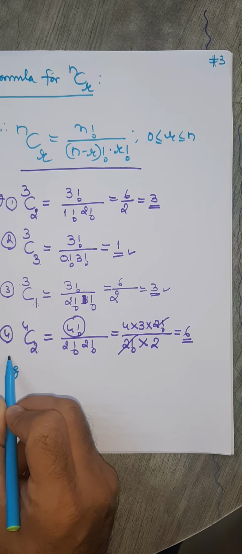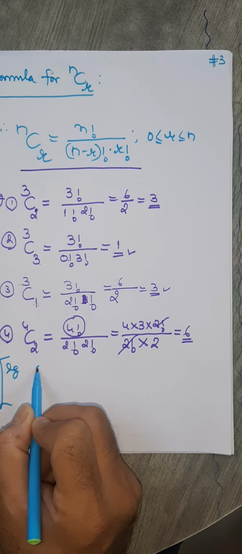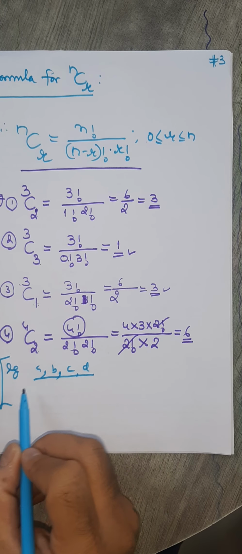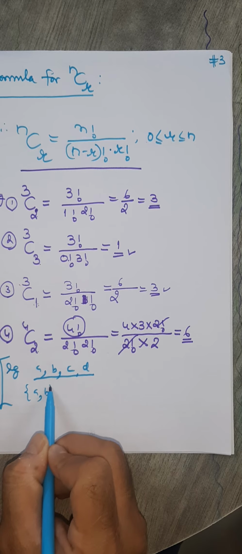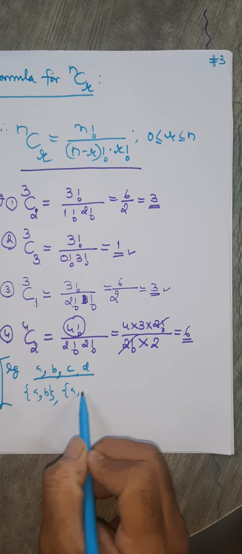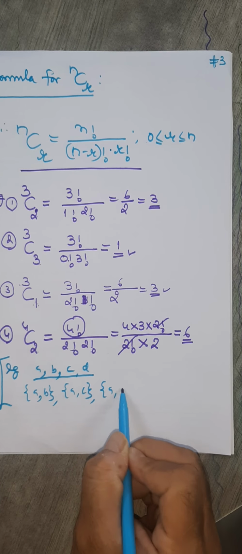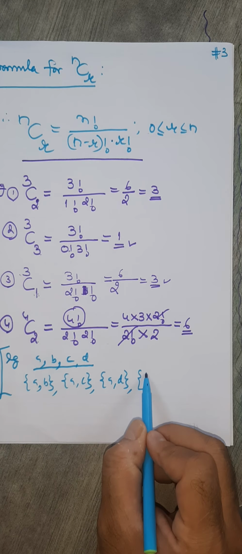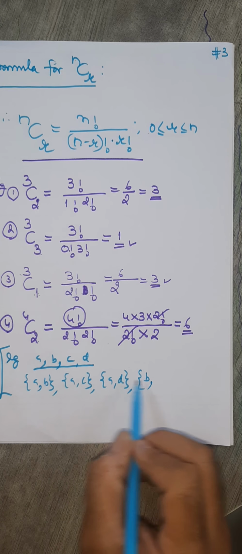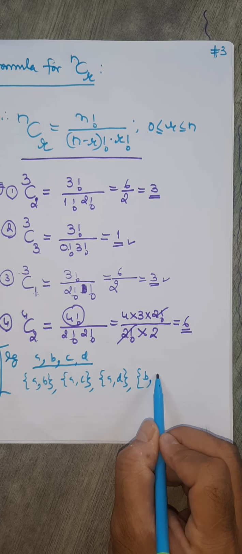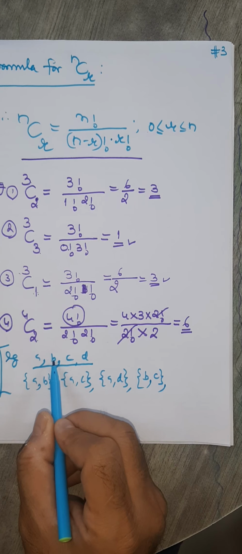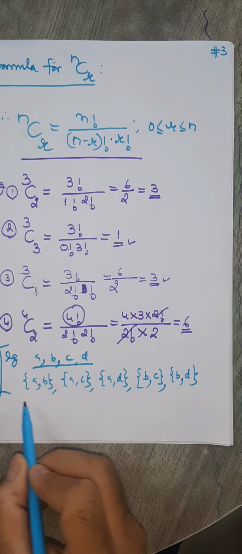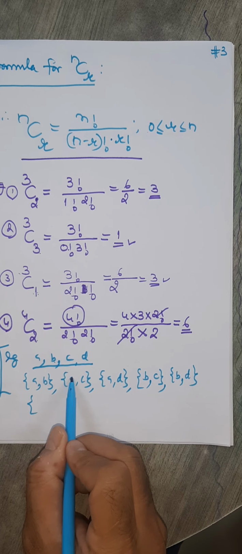For example, if you want to see, suppose I have 4 objects A, B, C and D. I'm taking 2 at a time. So one you can take AB, then you can take AC, then you can take AD. Then can we take BA? No, you cannot take BA because BA is the same as AB. So you can have your BC. Can I take BD? Yes. So I'll have BD here. Then can I take CA? No, because AC is already there.